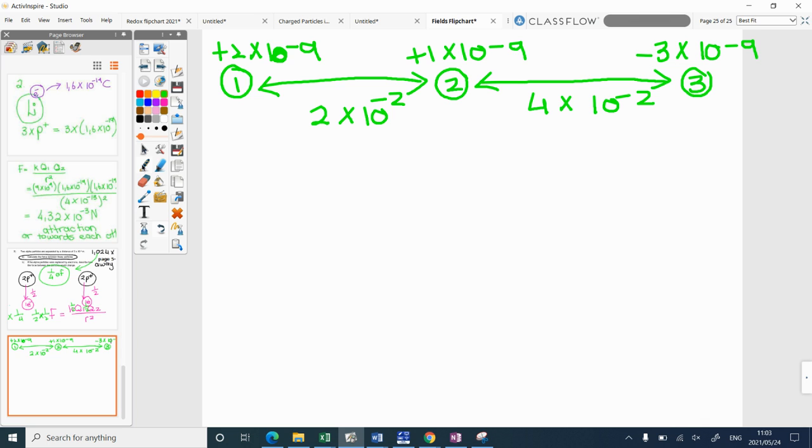Now I'm going to put 1, 2, because I'm just between 1 and 2. Right now, what is this? So we place Q2 on Q2. I'm putting it this way, and putting it this way.